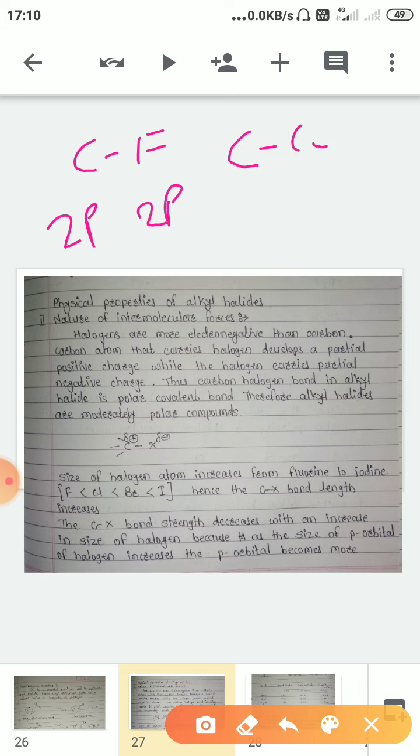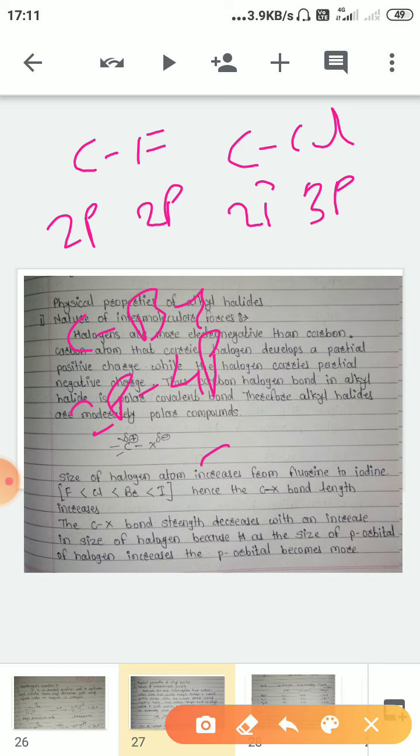For carbon and chlorine, there is overlap between 2p and 3p orbitals. For carbon and bromine, overlap between 2p and 4p orbitals. And for iodine, overlap between 2p and 5p orbitals.